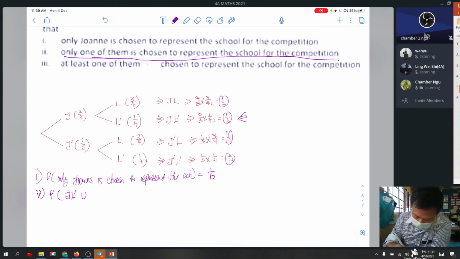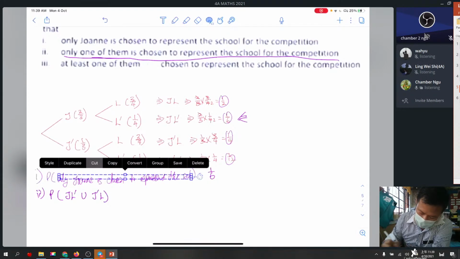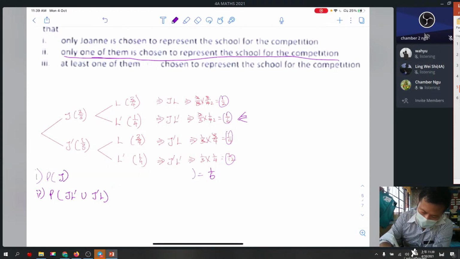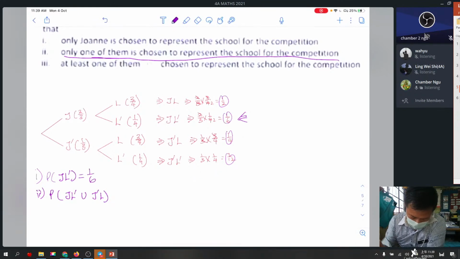Ataupun join tak dipilih, Lina dipilih. Ataupun yang di sini I can write it like only join. Okay? Join but Lina not been chose.